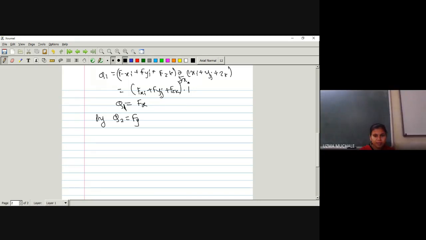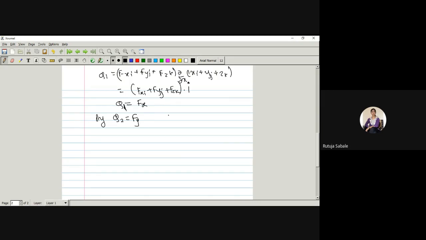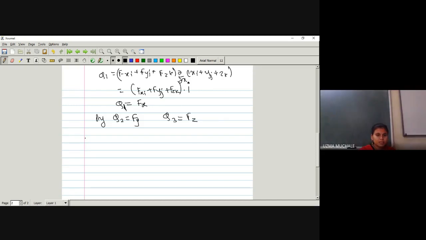Second term, right? Yes, ma'am. What is the value of q3 now? It will be simply fz. In the exam also you can write the values of q2 and q3 similarly, because our proof is very small already. So hence now let me work on the values, since for q1 we have written the equation.